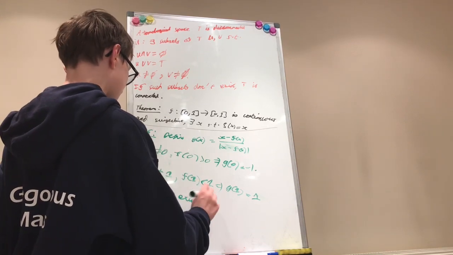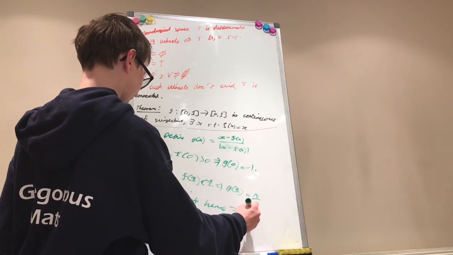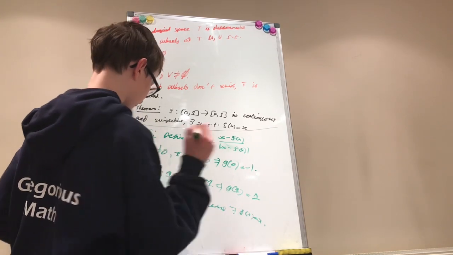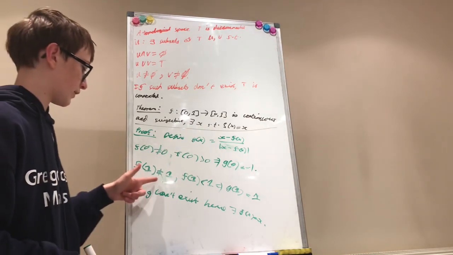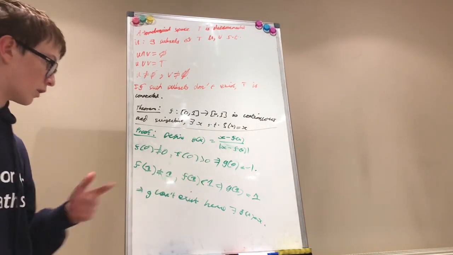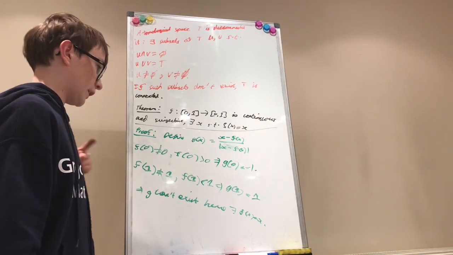Hence there exists some x with f of x equal to x. So what was the point of these lines? Well, we had to show that g was surjective.